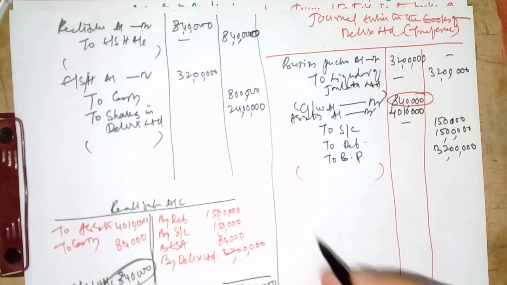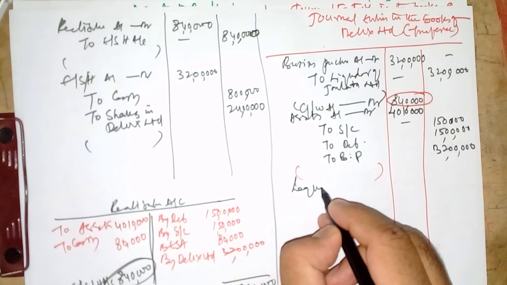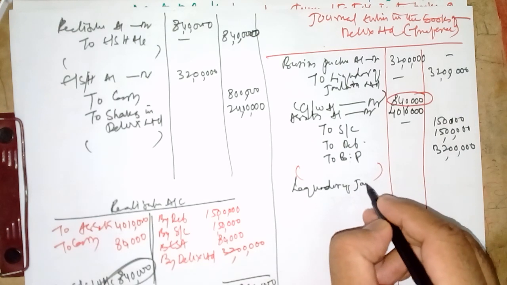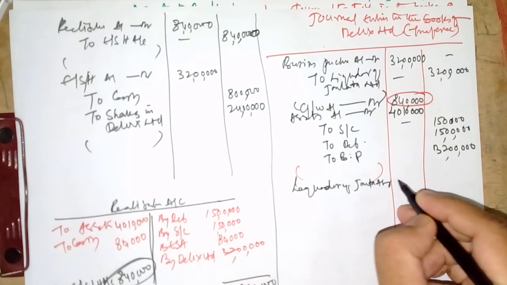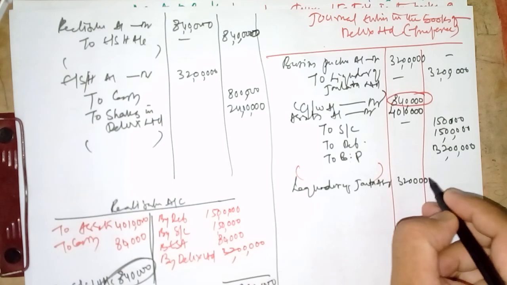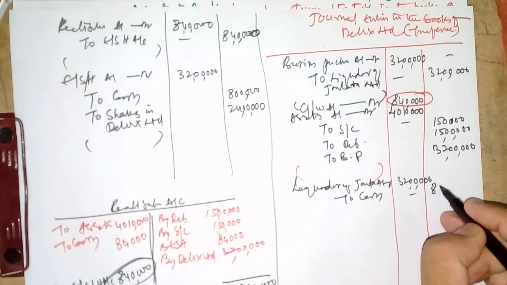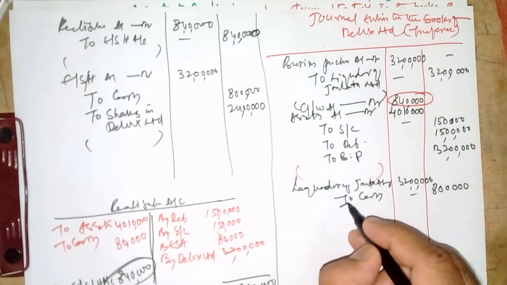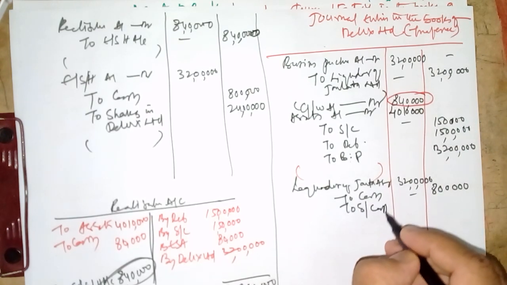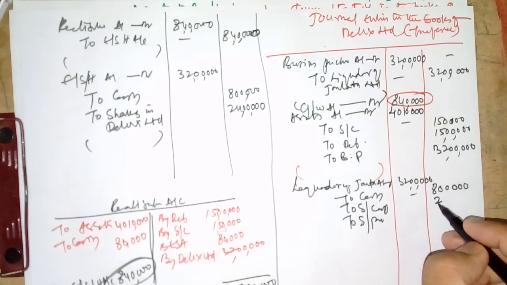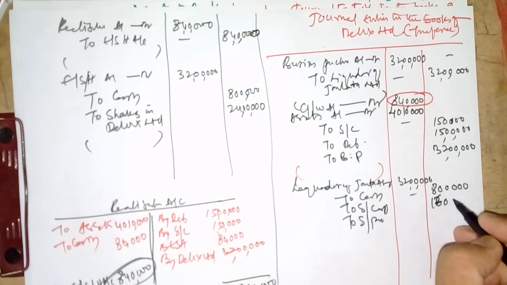Then payment to liquidator. So liquidator of Janta company account debit 32 lakhs, to cash 8 lakhs, to share capital, to securities premium. Share capital is 16 lakhs.